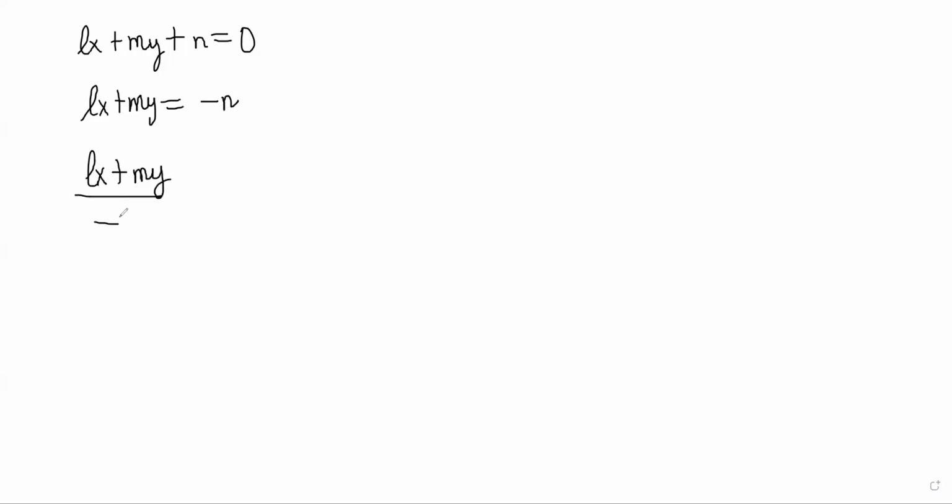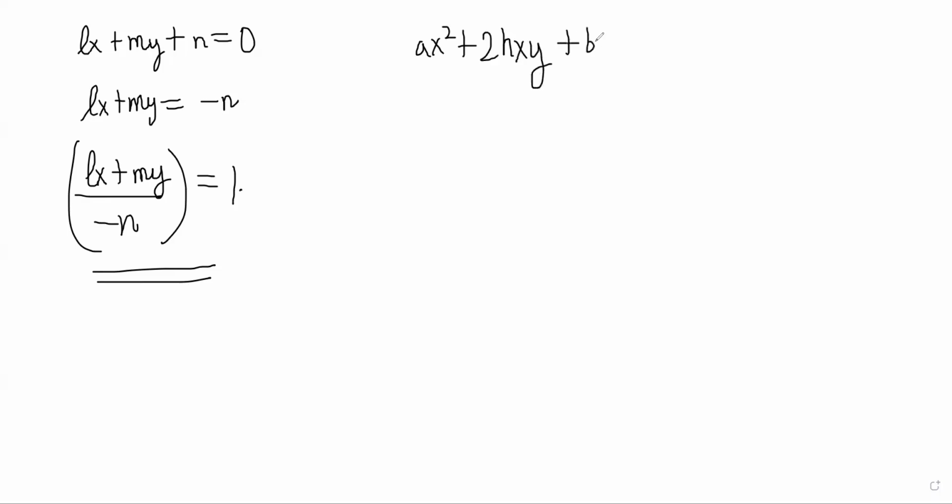First of all, I notice that Lx plus My plus n is equal to 0. So we can write Lx plus My is equal to minus n, and (Lx plus My) by minus n is equal to 1, right? And then I will look at the curve equation, and everywhere there is a 1-degree term, I will multiply it with this quantity, which is degree 1 itself, and make it a 2-degree term.